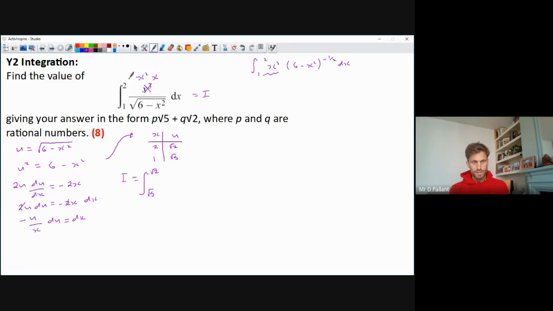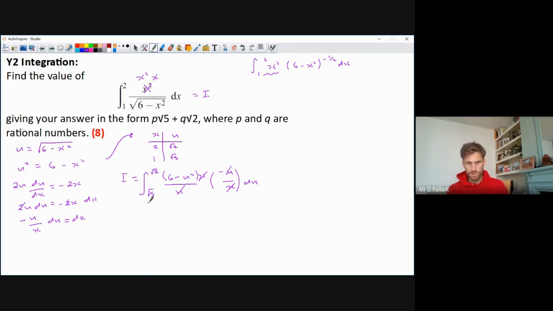So the x squared is 6 minus u squared from here, all divided by a single u. Of course, I've still got the x there. And then I've got the minus u over x du. So that x cancels with that x. And that u cancels with that u, which leaves me with a minus.